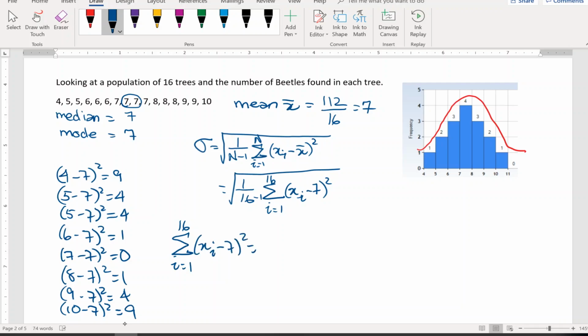Now we are summing 9 plus 4 plus 4 plus, now 1 we had 3 times here, plus 0 we have 4 times, and then again 1 we have 3 times, and 4 we have twice, and 9 we have once. When we sum up all of these values, we get 40.